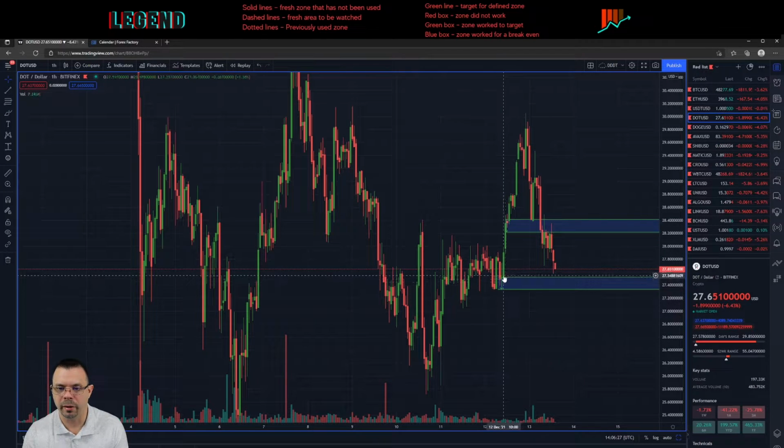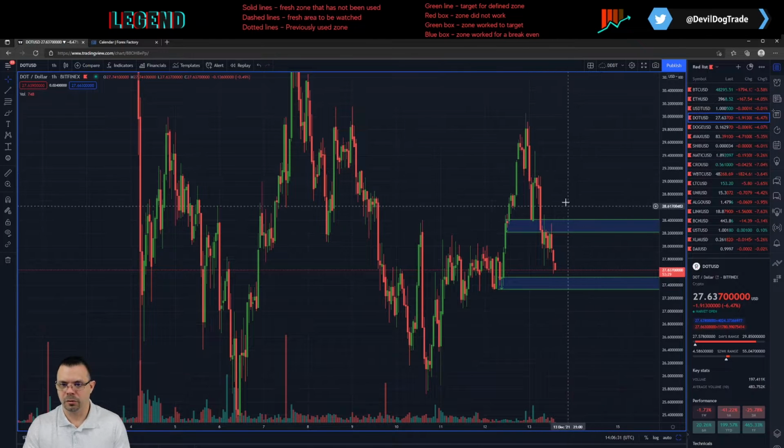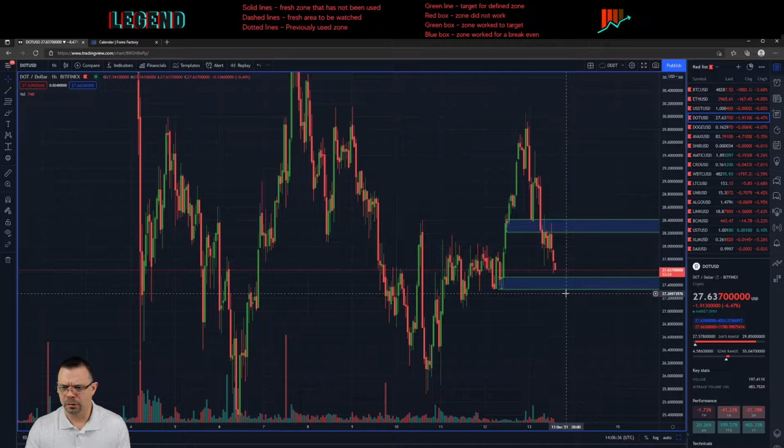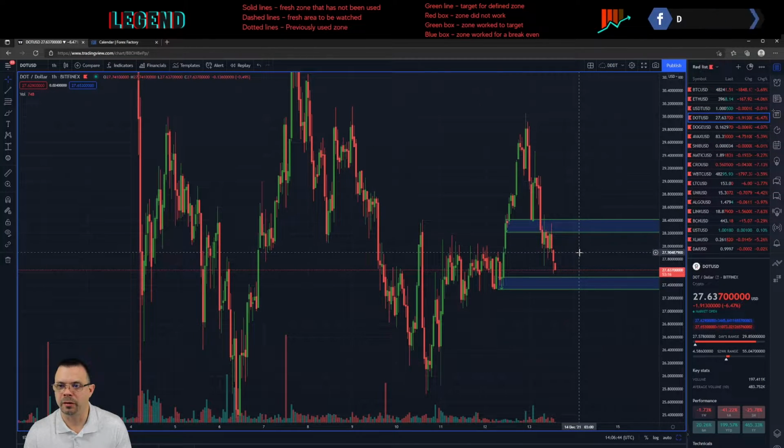Because this whole area right here took out all of these pivot highs to the left. So it could be very, very strong in this area here. I would definitely look to take a trade right here. Again, not a longer term one, make it a 2 or 3, maybe a 4 to 1 profit target there.